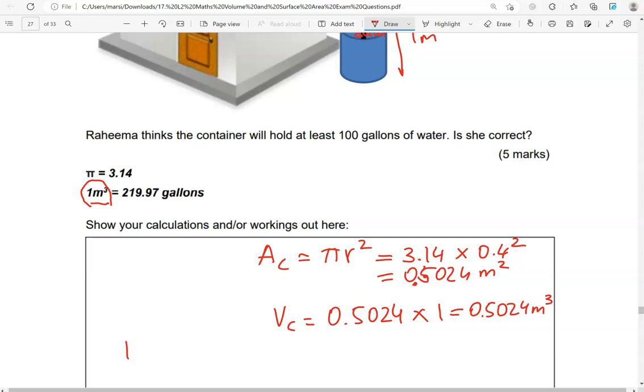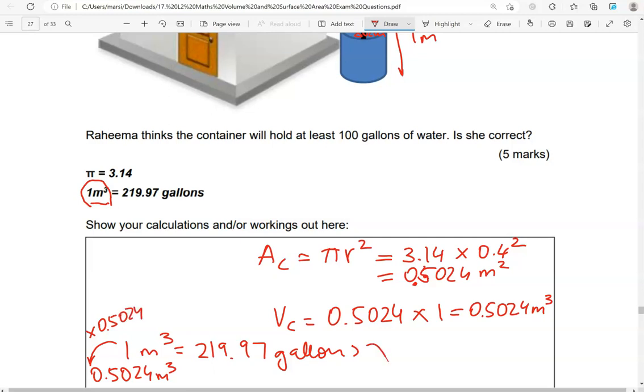So we're given that 1 cubic meter is equal to 219.97 gallons. What about 0.5024 cubic meters? So to get from 1 to 0.5024, we multiply by 0.5024. So we'll do the same here.